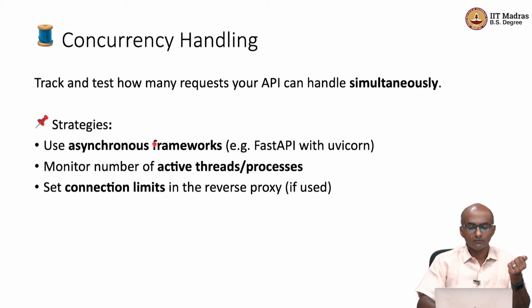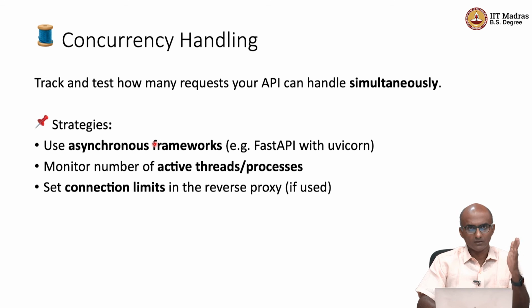So the advantage with the asynchronous frameworks is that you're not waiting for the execution to finish, and therefore you're not holding on to resources which are potentially in short supply. Like for instance, network sockets.